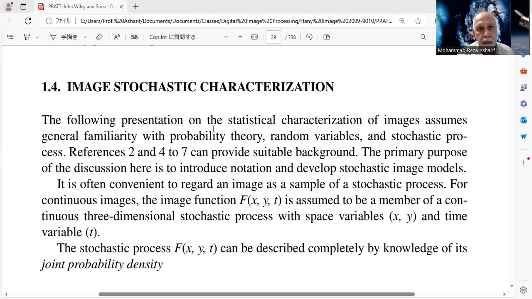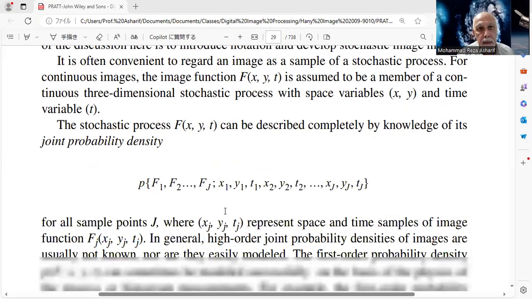The following presentation of the statistical characteristics of the image assumes the general family of probability theory, random variable, and stochastic process. In this case, we have a continuous image function f(x, y, t), where x, y are the space variables and t is the time variable.